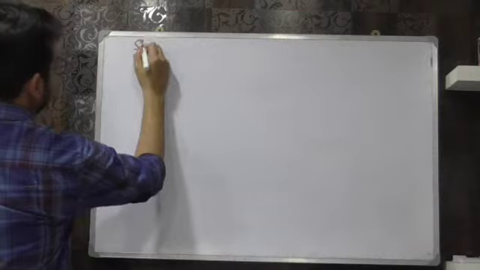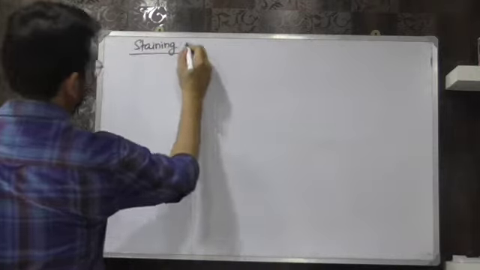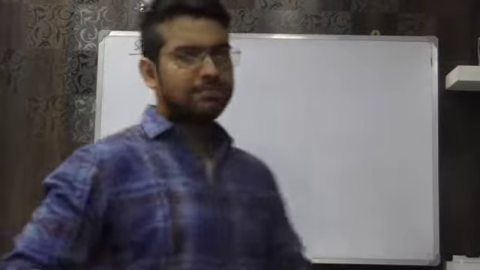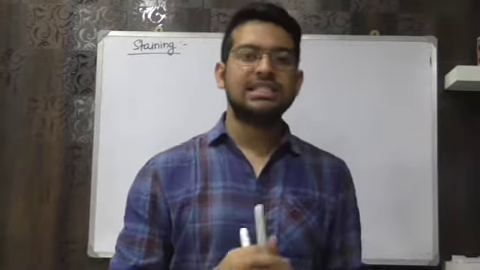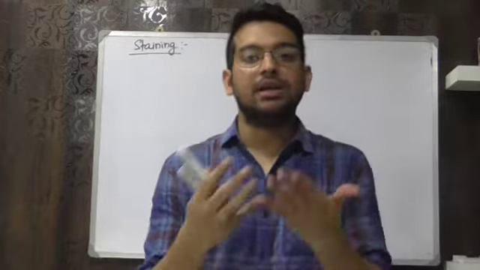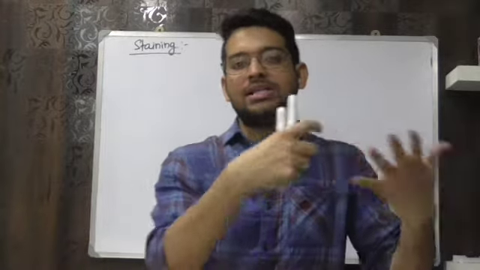Please give the heading Staining. Stain literally means giving some colors. So you are giving some colors to the bacteria, because bacteria are colorless. They need some colors. You need to put some colors in their lives.